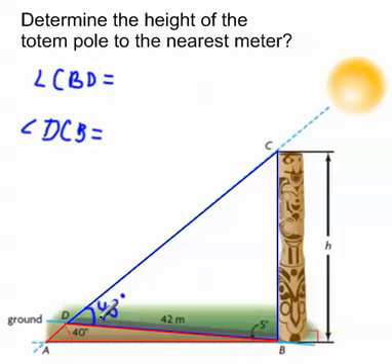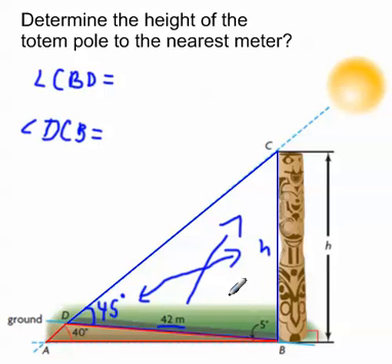We know that this angle is 45 degrees. We know that this side is 42 meters, and we want to find out what this height is. So we already have a side angle, a side opposite angle relationship. So if we know this side over here, we can use the law of sines.